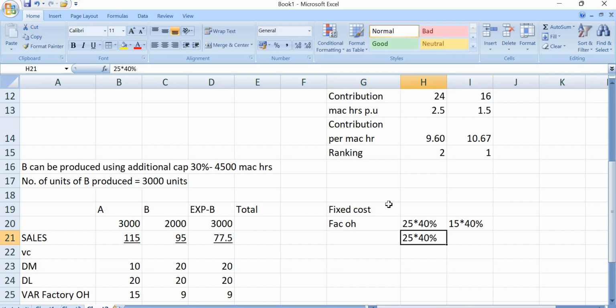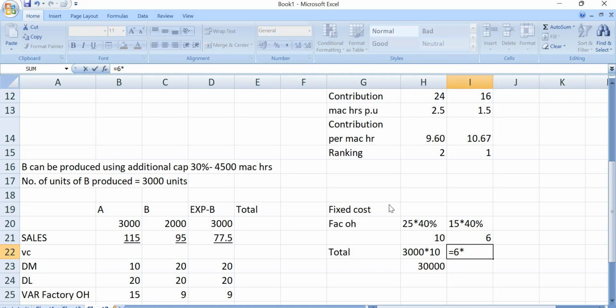So this is per unit, that is 10 and 6. Usually the total is calculated based on the units and fixed cost remains constant. So this is 3000 units of A into 10, that is 30,000. 6 into 2000, that is 12,000.